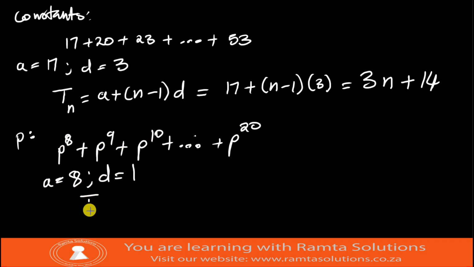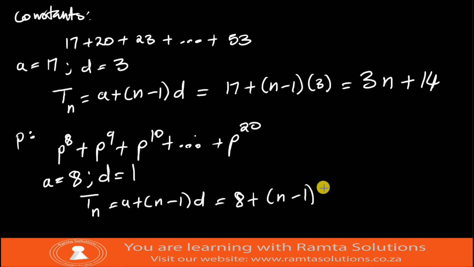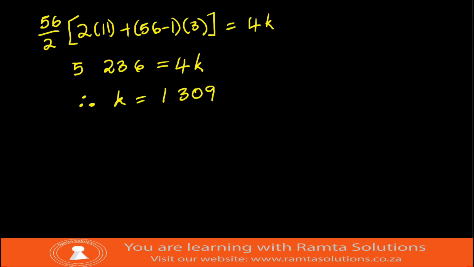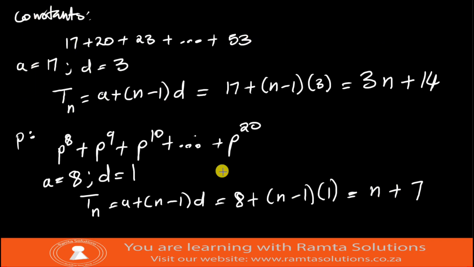So we can say T sub n is A plus n minus 1 times D, which is 8 plus n minus 1 times 1. This looks like it is n plus 7. Let's confirm. Indeed, it's n plus 7. Again, maybe it can help us to find the number of terms.